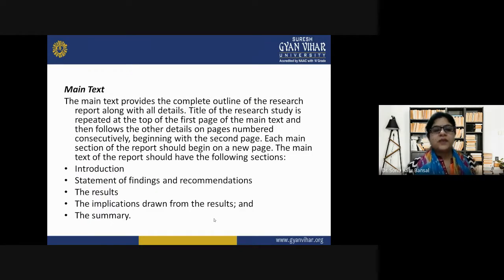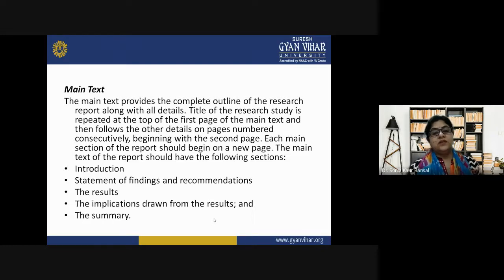So the main text provides the complete outline of the research report along with all details. The title of the research study is repeated at the top of the first page of the main text, and then the other details follow on pages numbered consecutively, beginning with the second page.